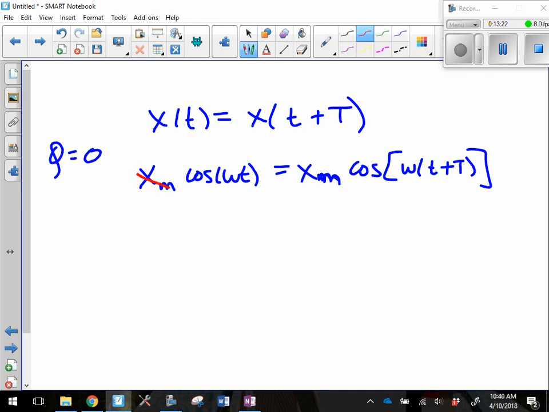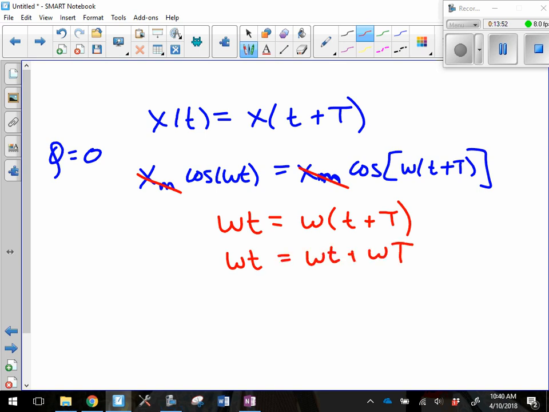So I can play around with a little algebra, and basically what I need is omega t to be equal to omega (t plus T), right? So that my angles are the same for my cosine. So this is omega t is omega t plus omega T.